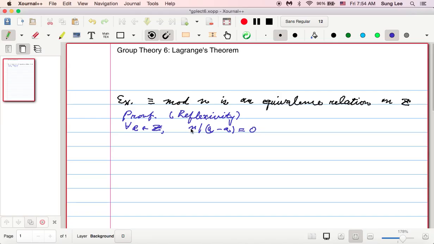Well, you know that any non-zero integer, or any non-zero number in general, divides 0. So this implies that a is congruent to a modulo n.